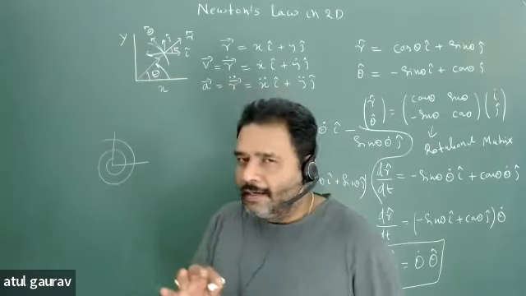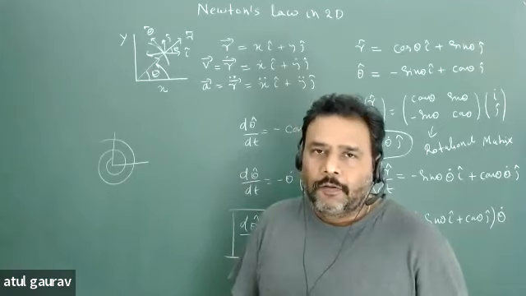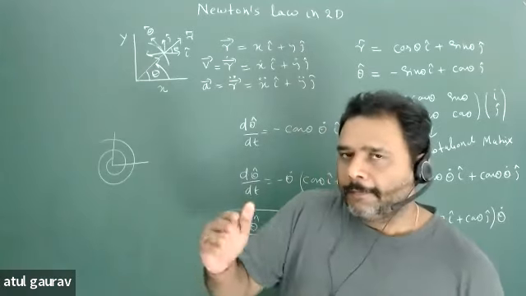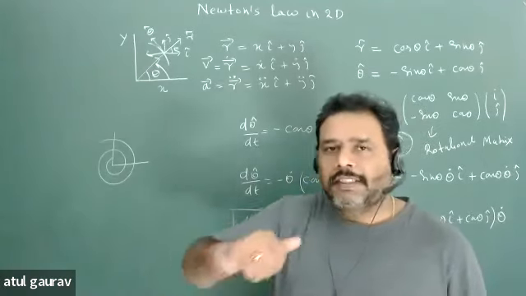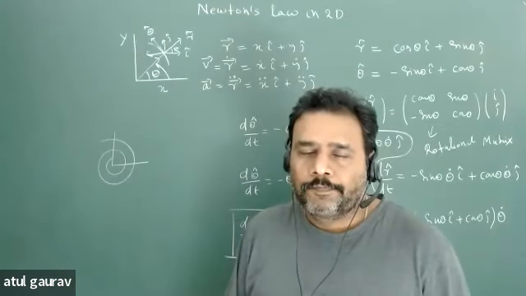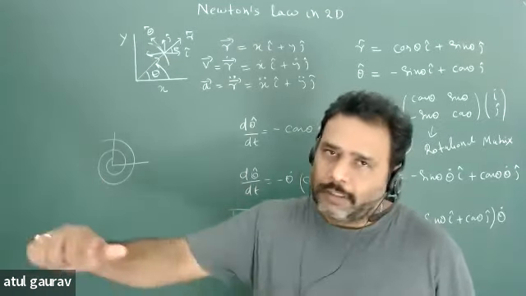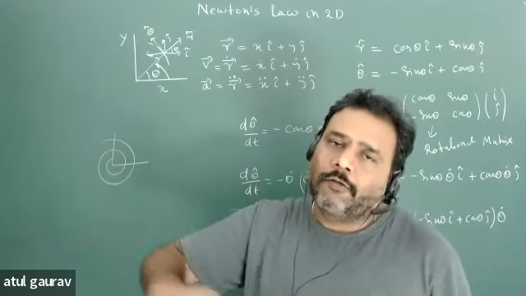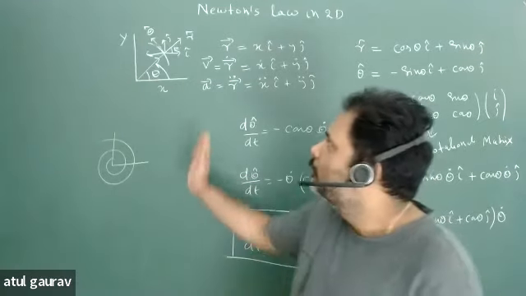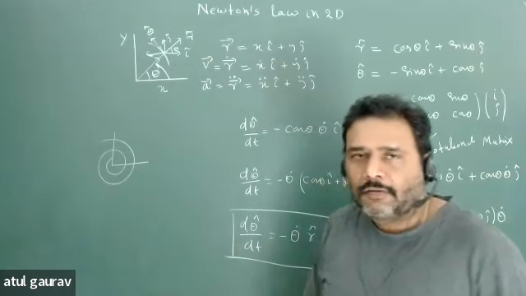I will just give you the intuition and I will also prove that when something is rotating, there is one force acting towards the r cap direction, isn't it? If something is rotating, is there any force which is working towards the radial direction? Yes, sir.